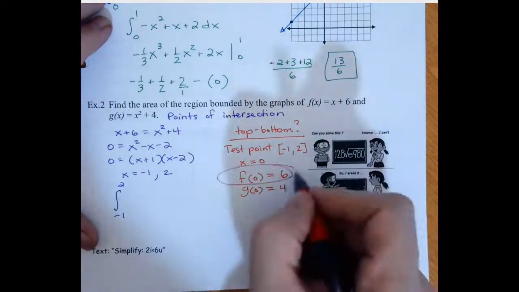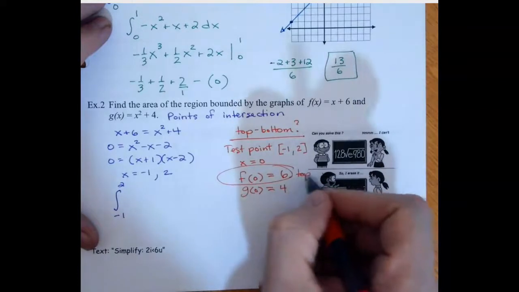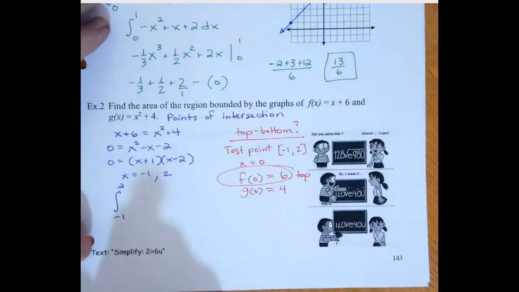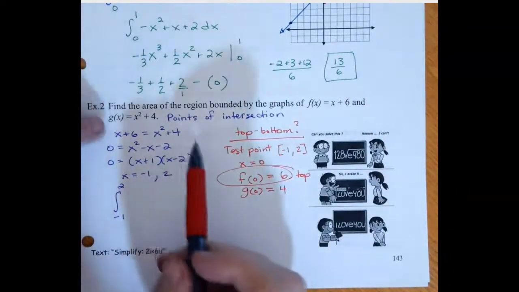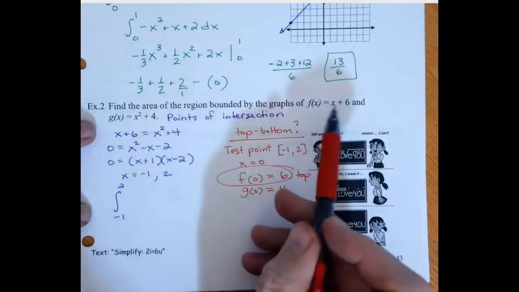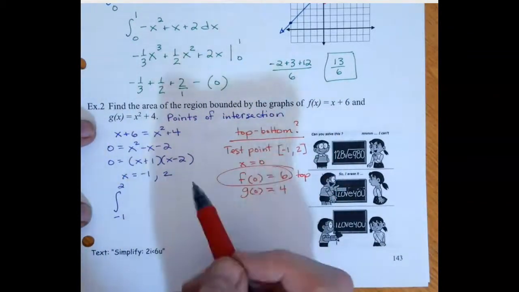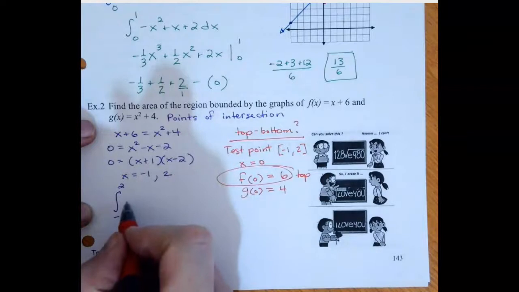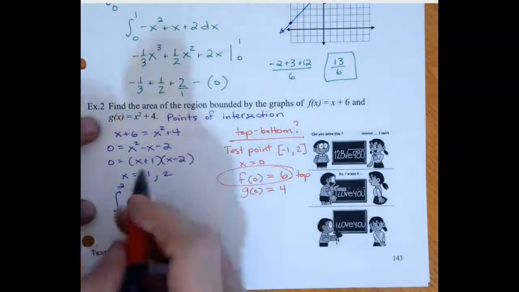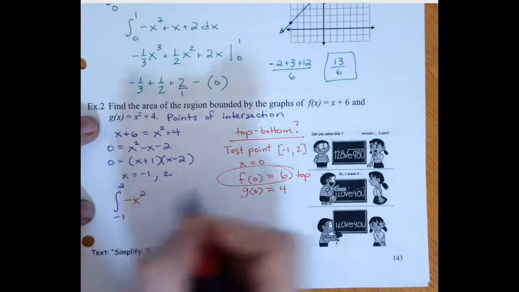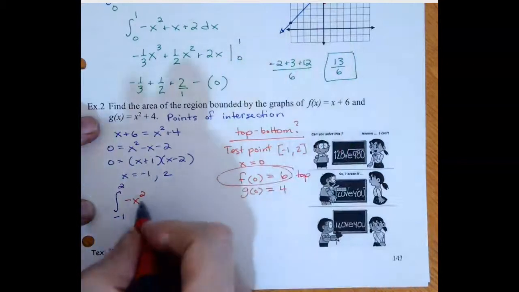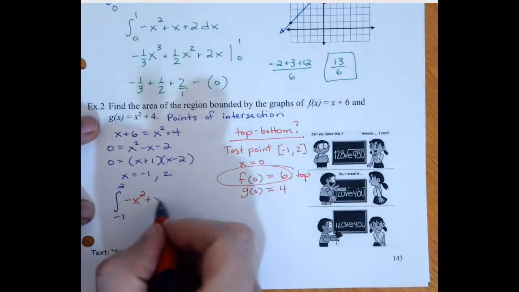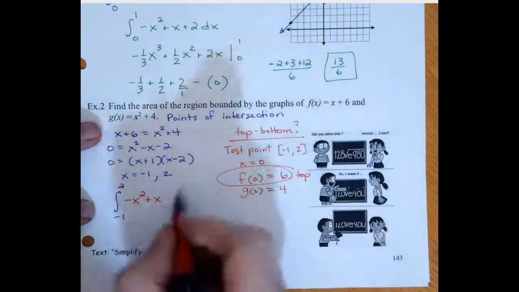So that tells us 6 is above 4, so that tells us f is on top. Alright, now we need to have f minus g, so that's going to turn out to be the same thing we had up there. So it's going to be x plus 6 minus this, so that's going to be minus x squared, and then plus x, and then this minus this plus 2.